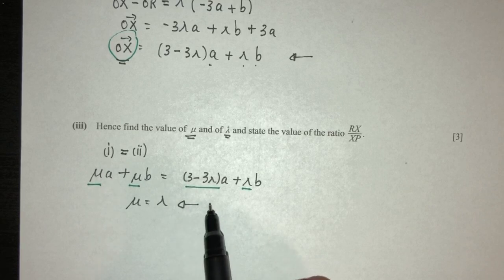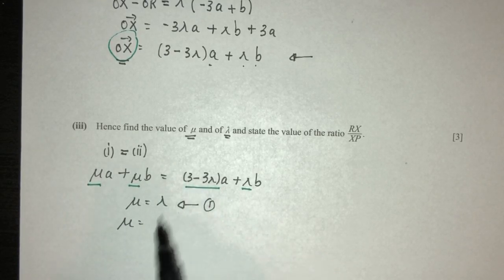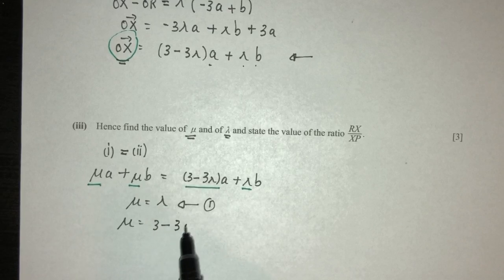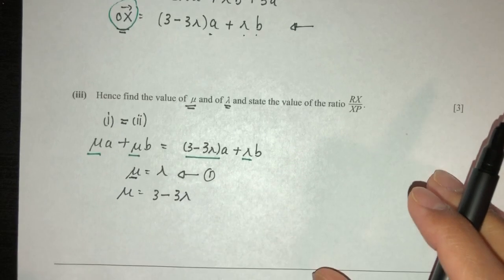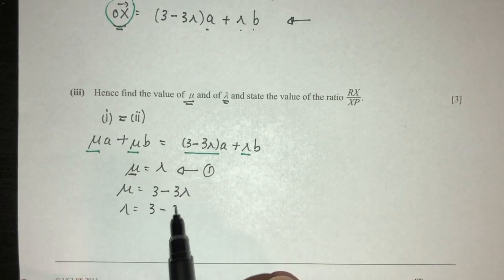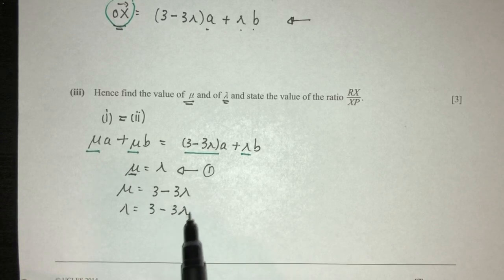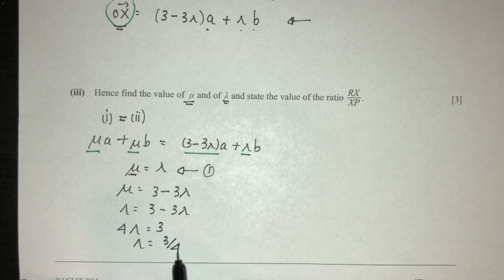That's the first equation. Now for A we have mu is equal to 3 minus 3 lambda. Now replace this in this. You will have lambda equal to 3 minus 3 lambda. Now send this one over here, you will have 4 lambda equal to 3. So lambda is equal to 3 over 4.